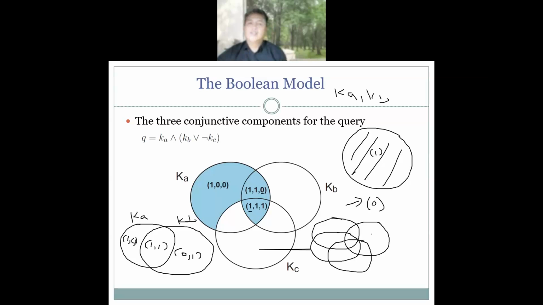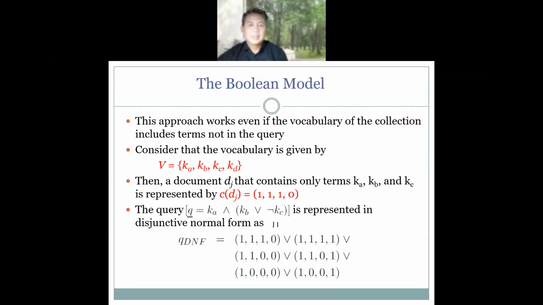I think you need 4D, 4 dimensional. Okay, so this is just to describe it using the set model, but don't worry about this one. The most important part is this one.